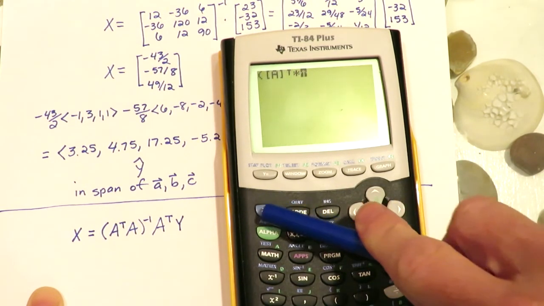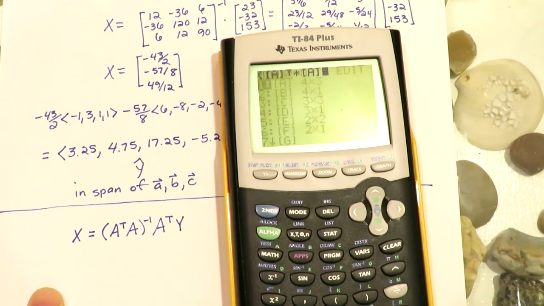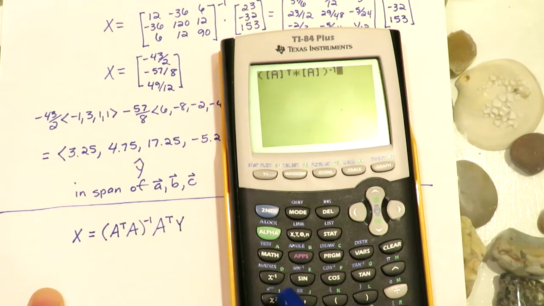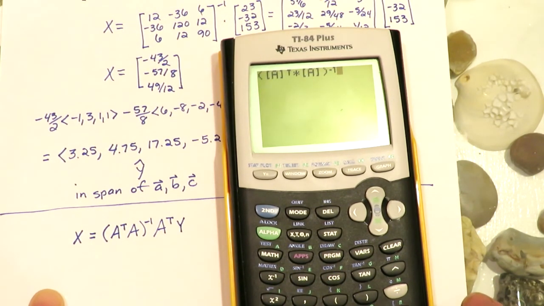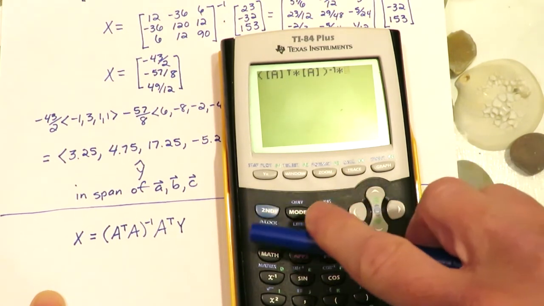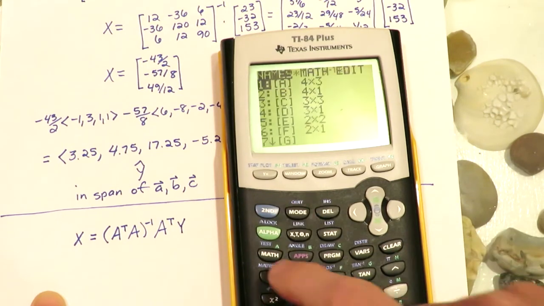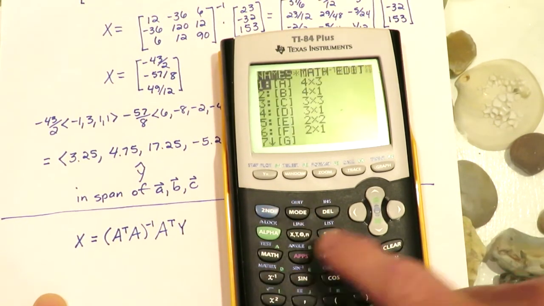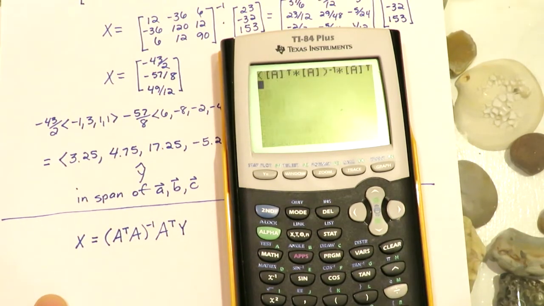And then we're going to multiply by matrix A, and I want the inverse. To get the inverse, you use the reciprocal button. The calculator knows you're working with matrices when you press that. And then I'm going to multiply by matrix A transpose again, so I have to go in and tell it transpose.